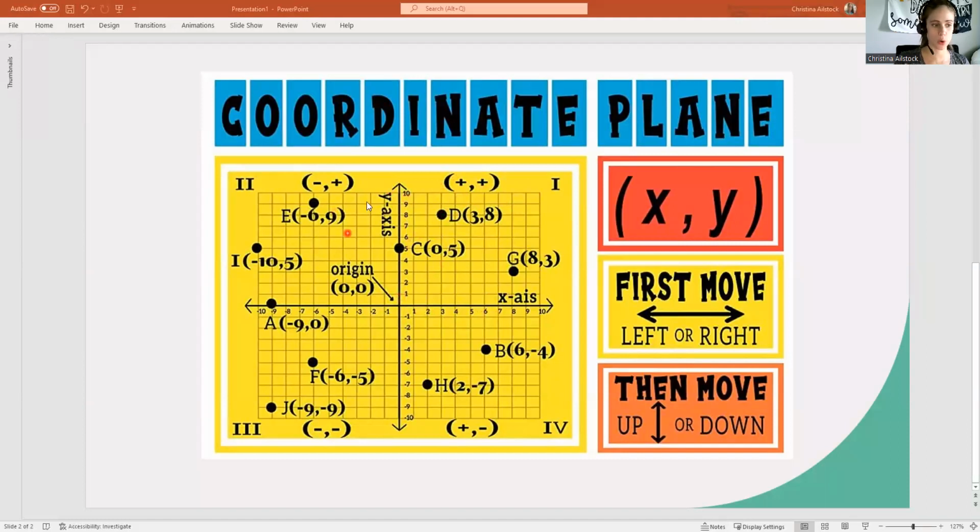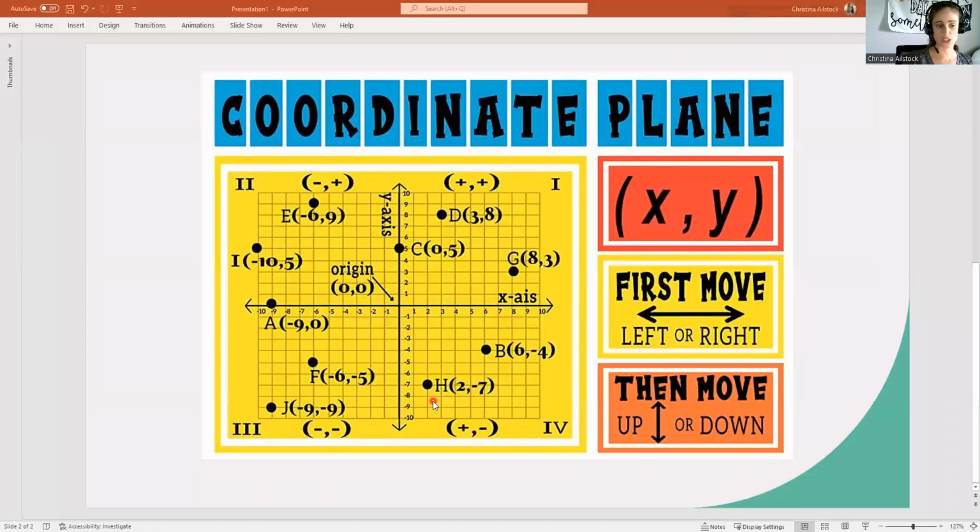Then the upper left quadrant, that's where I'm now currently circling, that is quadrant 2, and these have both negative and positive numbers. If we go to the bottom left, this right here is quadrant 3, and we have negative numbers in both cases. And then last but not least, the bottom right is the fourth quadrant, and that has positive and negative numbers as well. So those are our four sections.